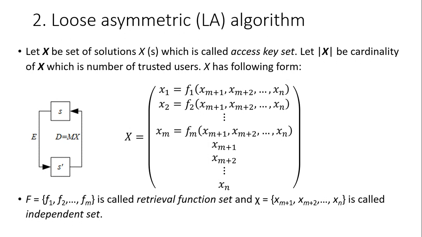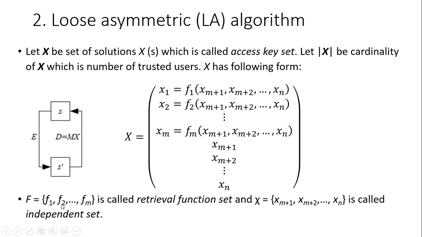Let the cardinality of X be the number of trusted users. S has the following form: S is S1, S2, Sm, Sn, where S1 to Sm are the values of the functions f1, f2, fm with variables sm+1, sm+2, sn.